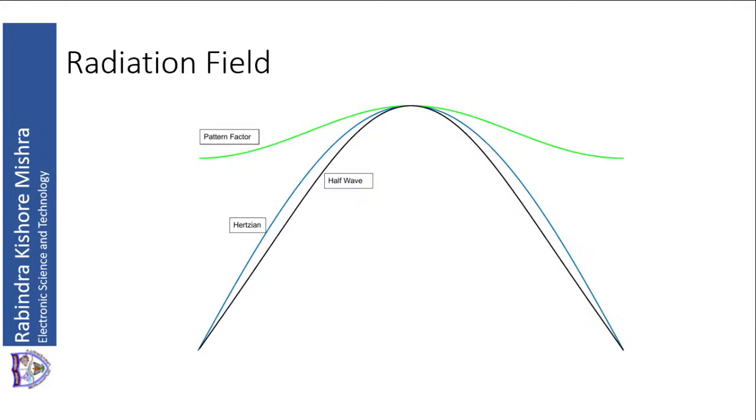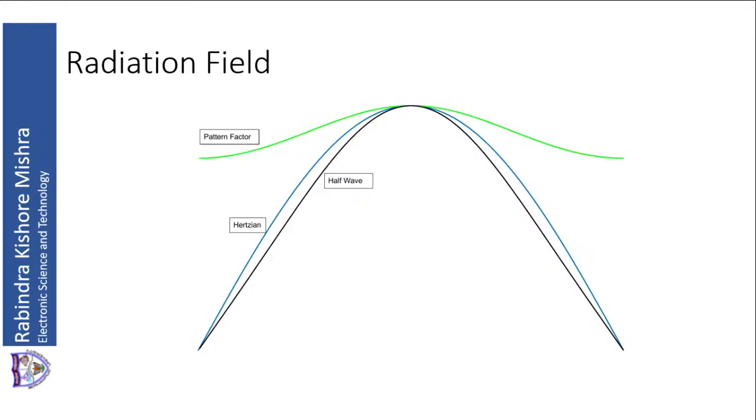Now, the broadside direction means theta is equal to pi by 2, and the end fire direction is theta is equal to 0. In the broadside direction, all path lengths are equal, and there is a full phasor addition. Because of full phasor addition, you get this type of distribution that we are seeing in the figure.